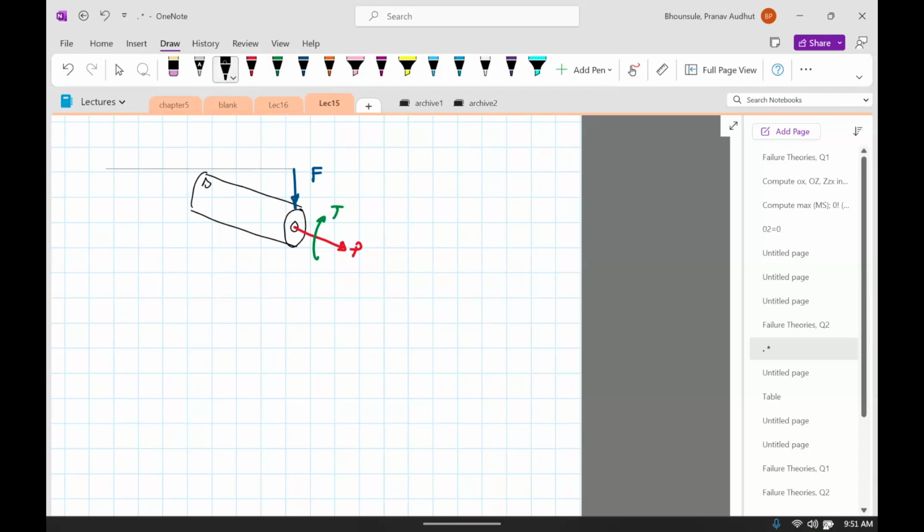And we are looking at an element here. This is the x-axis. This is the z-axis. The y-axis is not very important, but it will be up.